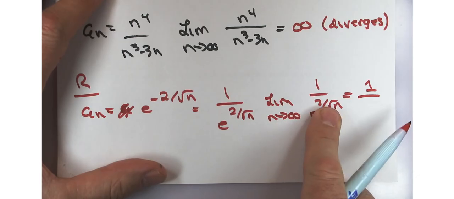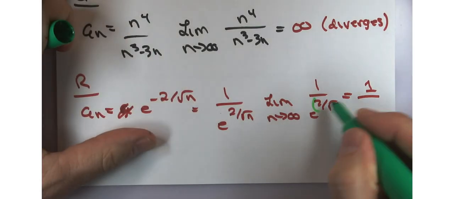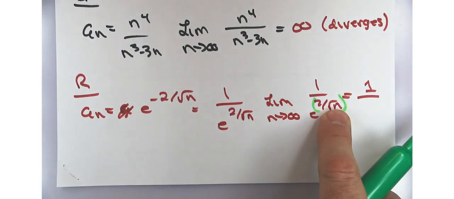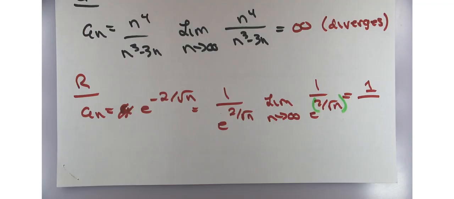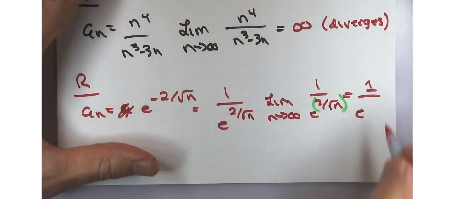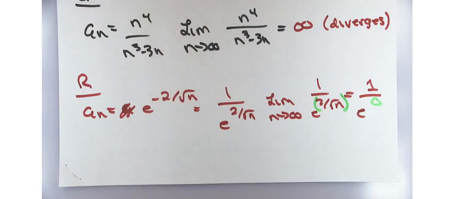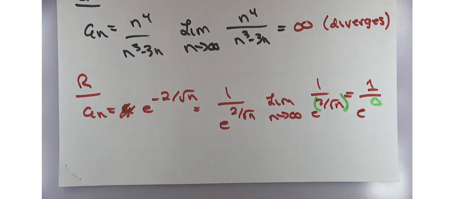So what we need to focus in on is what's going to happen to this exponent as n approaches infinity, 2 over the square root of n. Cameron? It turns into 0. Yeah, you're heading towards 0. So that's going to be e to the 0 power here. What's something to the 0 power equal? 1.